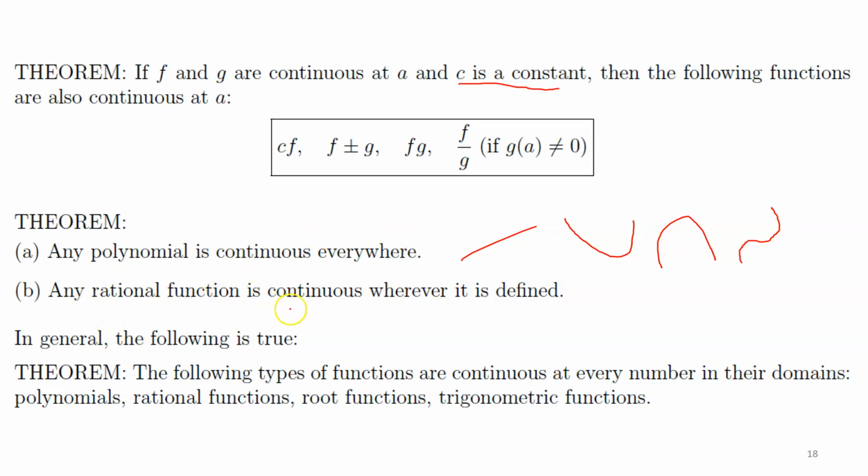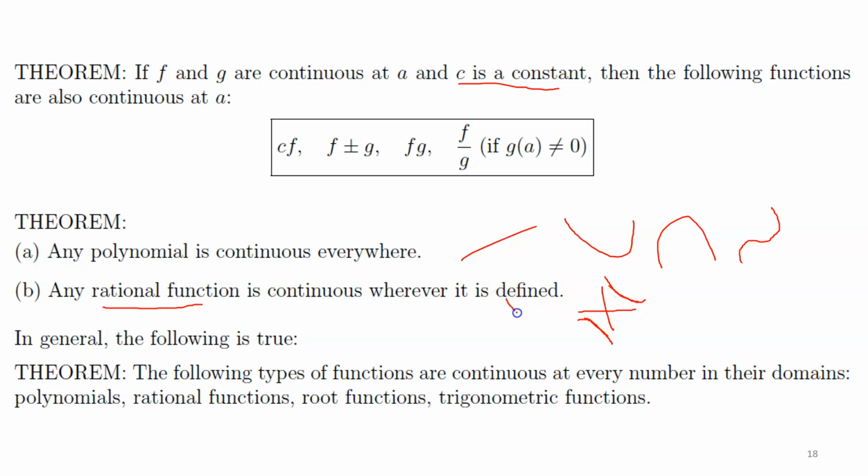Any rational function is continuous wherever it is defined. For example, you have like this graph, you have one on this side, and you have one on this side. Okay. So dia continuous mungkin untuk curve yang ini, or mungkin dia continuous dekat sini.